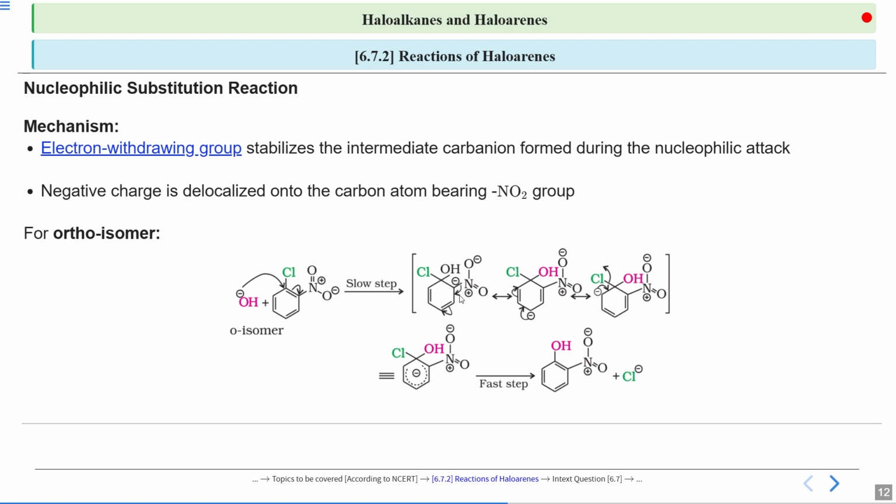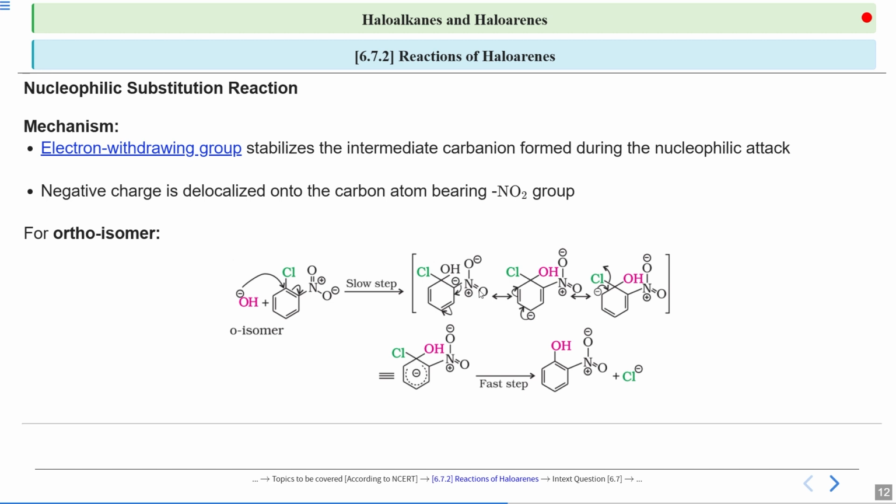Okay. Now what will happen? The negative charge present on the carbon at which the NO2 group is present will shift here, and the double bond will shift to this carbon. So you will get this structure, where at the first carbon we have chlorine and hydroxyl, at the second carbon we have NO2 and a double bond, and the double bond previously shifted to the next carbon as a negative charge.